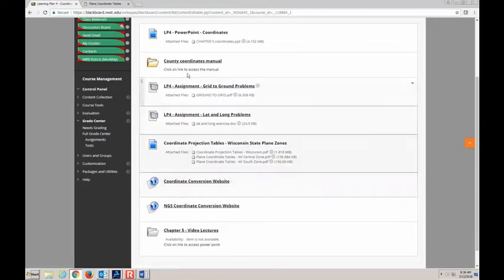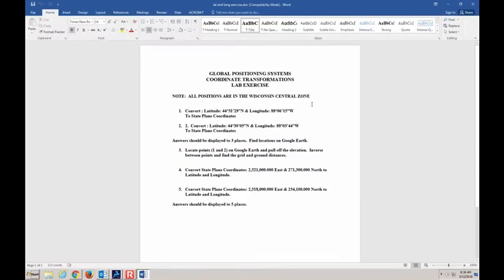Now, the next thing we're going to tackle here is assignment 2, the lat and long problems. I'm going to do a couple examples. Here's what the assignment looks like. For the first one, I give you latitude and longitude, and I'm asking you to convert those to state plane coordinates for those first 2 problems.